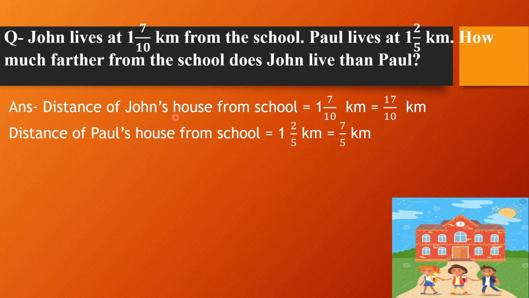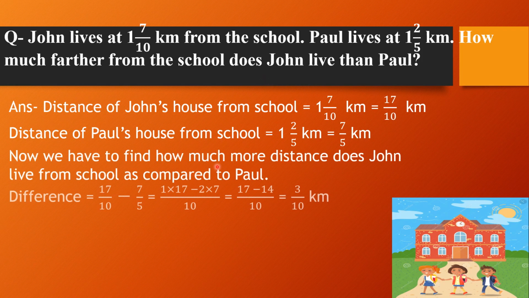Now what we need to calculate: how much farther from the school does John live than Paul? It means we need to compare the distances, and whenever we compare, we do subtraction. So the difference equals 17 by 10 minus 7 by 5.